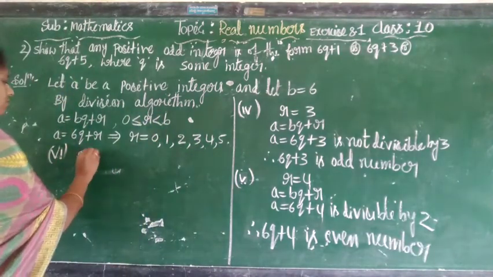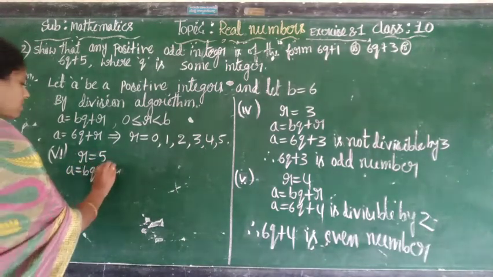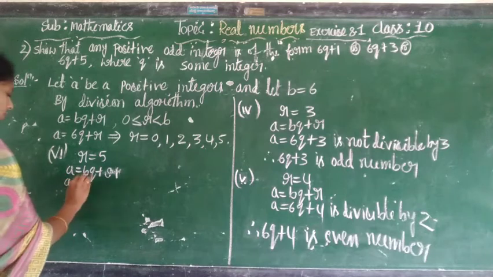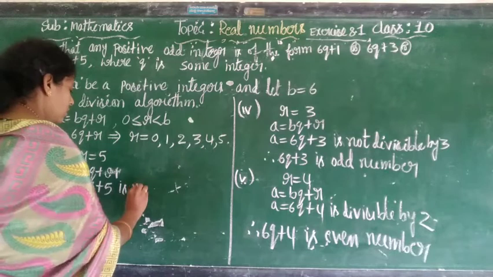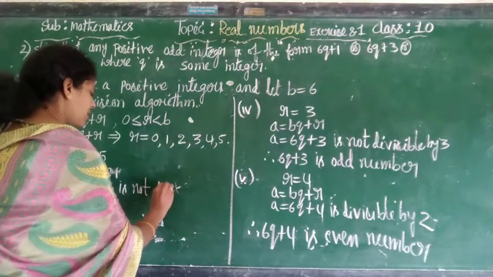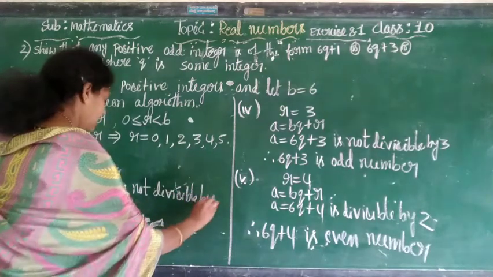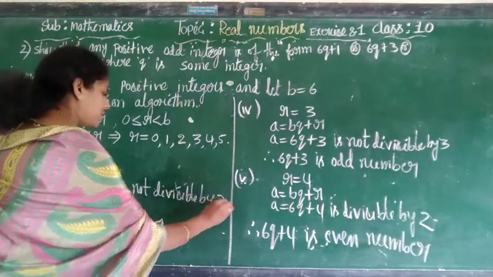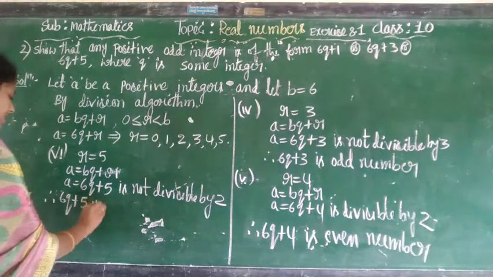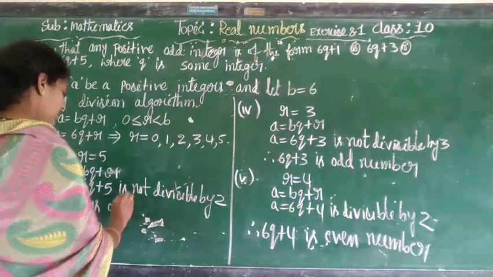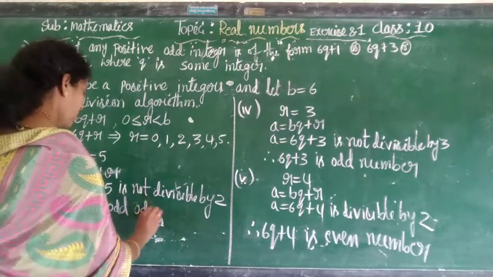If r is equal to 5, a is equal to bq plus r, a is equal to 6q plus 5, which is not divisible by 2. Therefore, 6q plus 5 is an odd number.